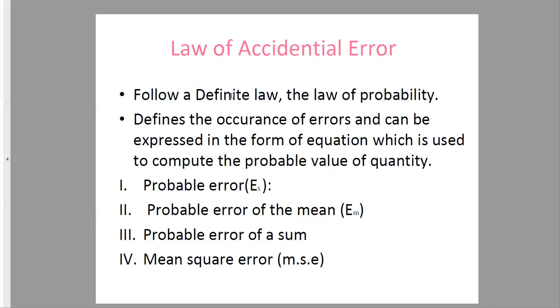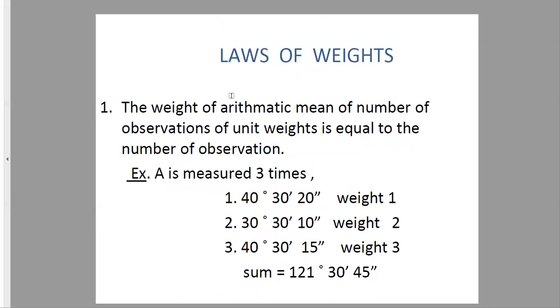So we'll see the law of the weight of an arithmetic mean. The arithmetic mean of a number of observations of unit weight is equal to the number of observations.